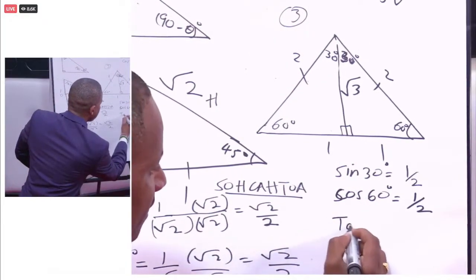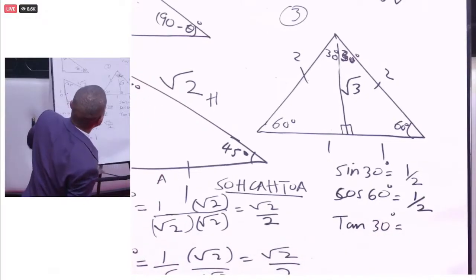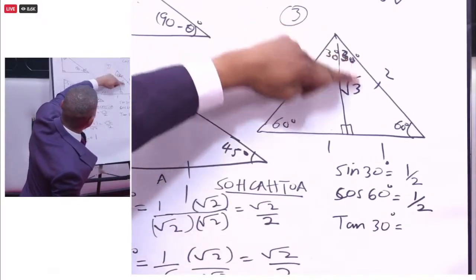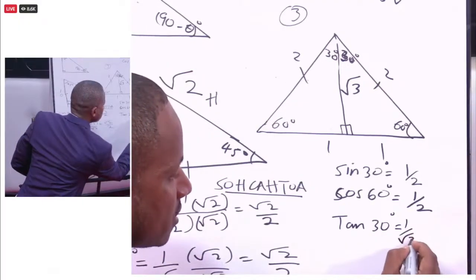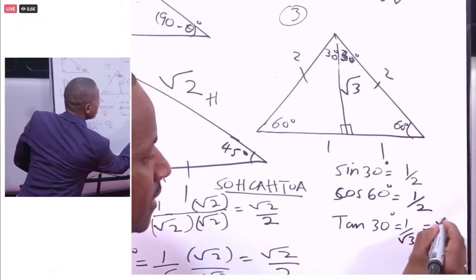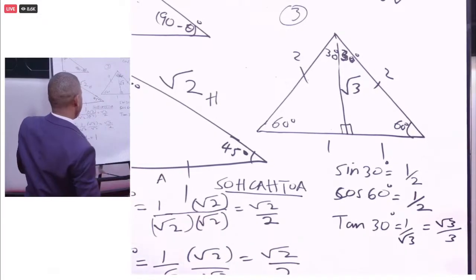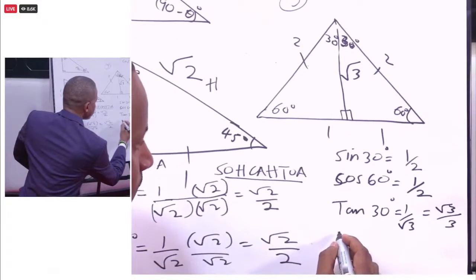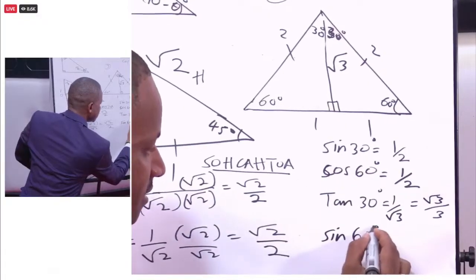Then you go to tan. Tan 30 degrees equals opposite over adjacent, which is 1 over root 3. If you rationalize this, you get root 3 over 3. Very good. Then we go to sine 60 now. We've done sine 30, so we go to sine 60 degrees.